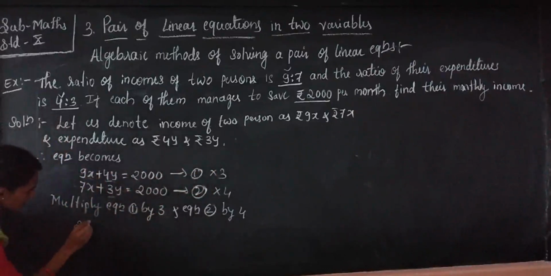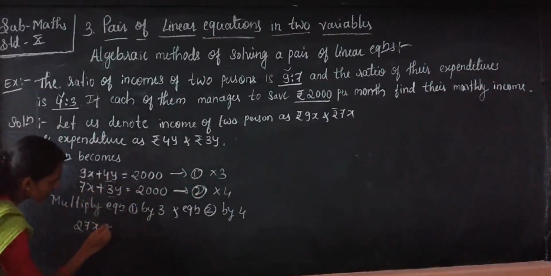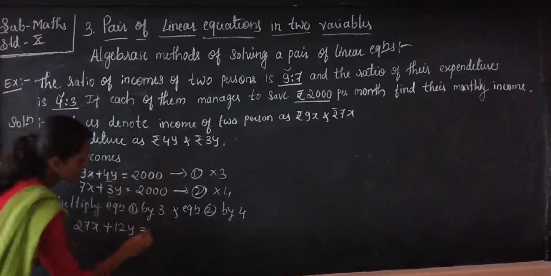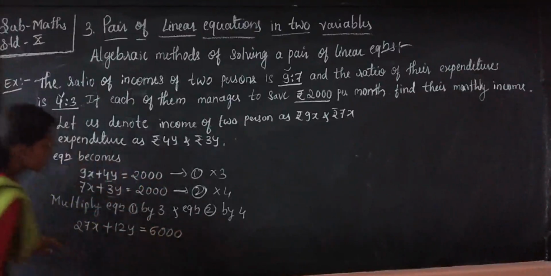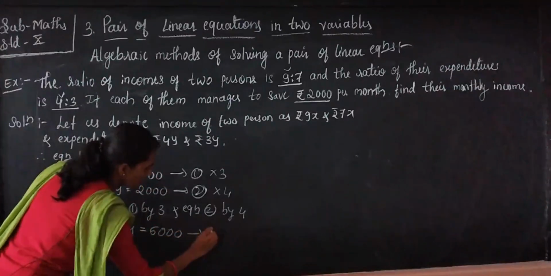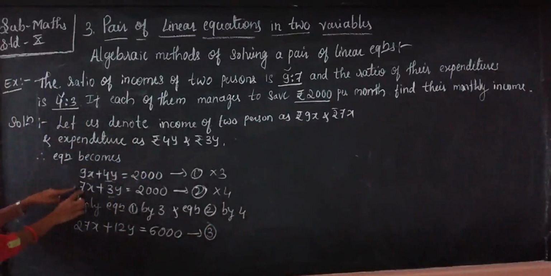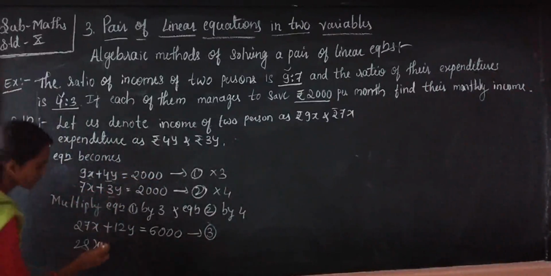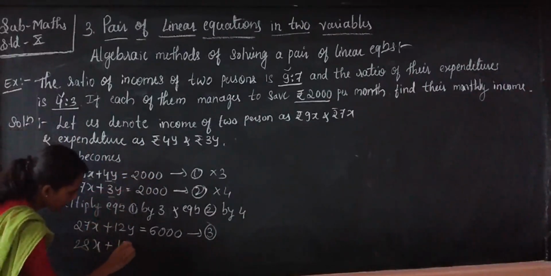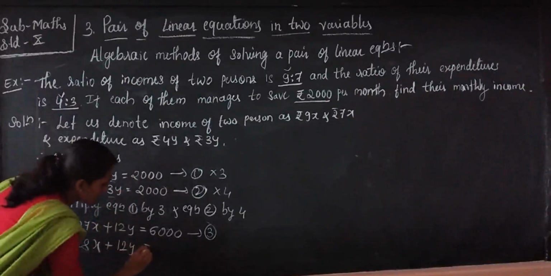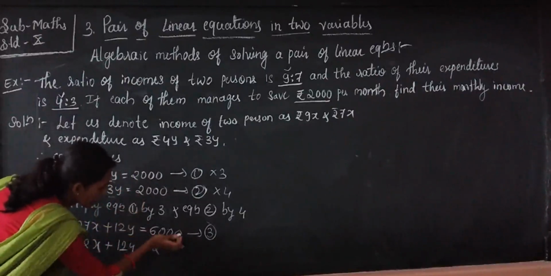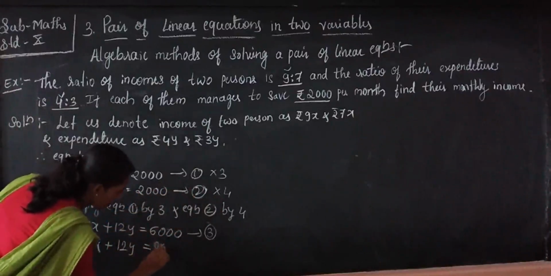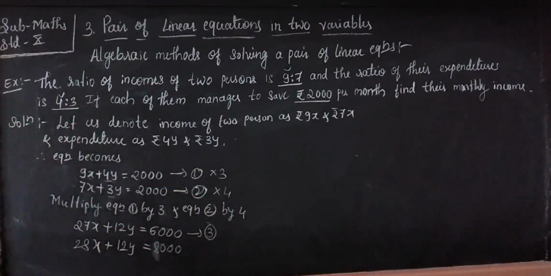So then 9 3s are 27x plus 4 3s are 12y, and 2 3s are 6,000. Consider this as equation number 3. Next one will become 7 4s are 28x, 3 4s are 12y, and 2 4s are 8,000.